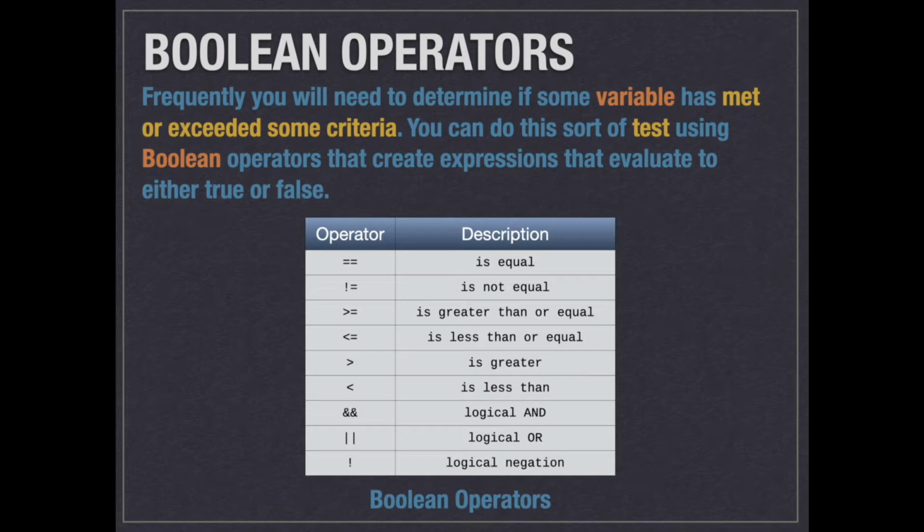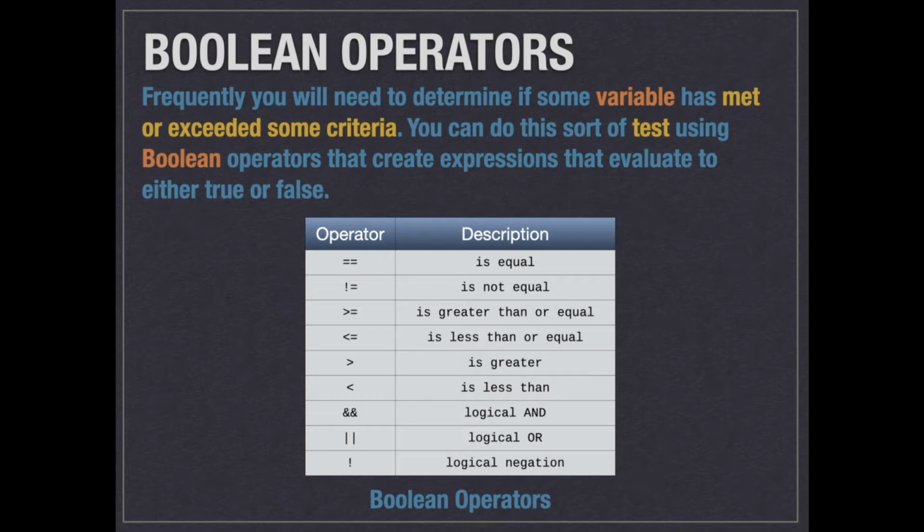For instance, the logical AND is this double ampersand, and the logical OR is this double vertical pipe. Why isn't it the keyword AND and the keyword OR? I don't know. Sometimes I feel like I should be apologizing for it as if it's my responsibility, but it's not. It is what it is, and you do get used to it fairly quickly.